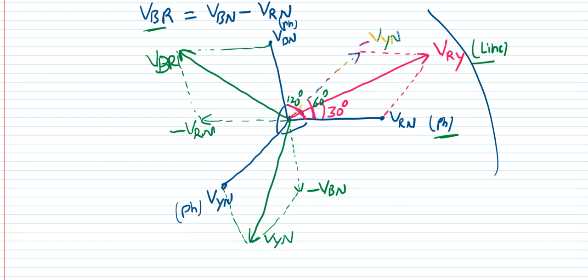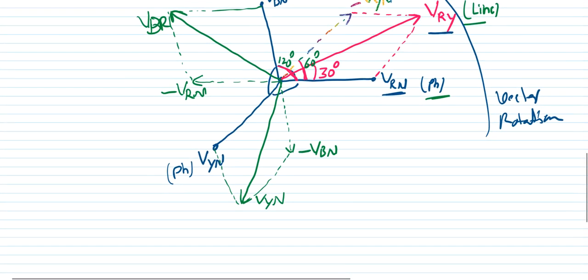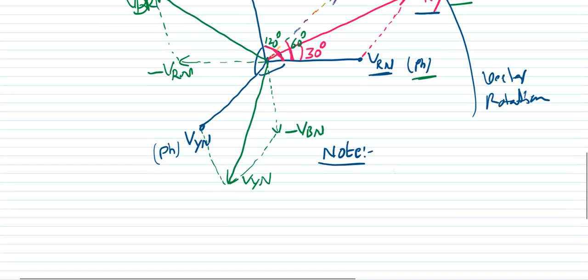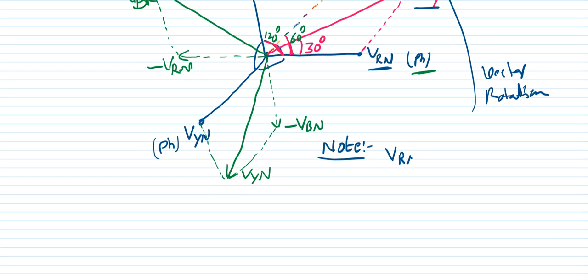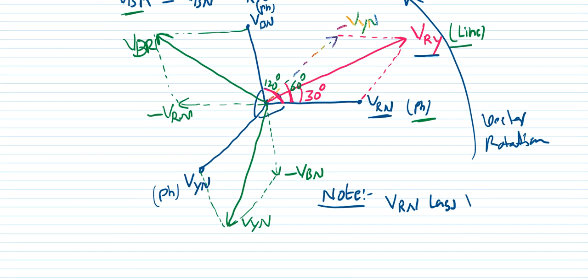With respect to this rotation, if you compare VRY and VRN, meaning line voltage and phase voltage here, the observation I made is that the phase voltage VRN lags the line voltage by 30 degrees.